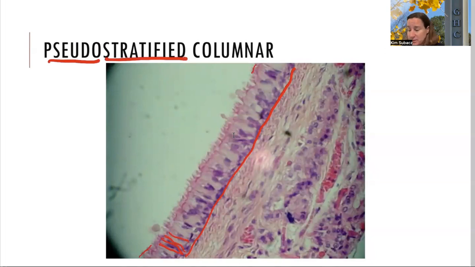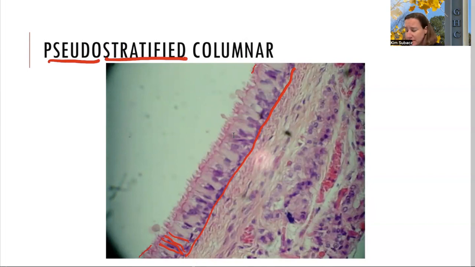It's one of my favorite tissues in lab. It's super cool. I like to talk about it because where do we find this guy? We find this guy in the respiratory tract. We said the respiratory tract is filled with mucous membranes, just like the GI tract is, so we may have goblet cells in here. I can't make one out in particular right this second, but I know they're in there. The goblet cells produce mucus, and the mucus is going to catch all the particles we are inhaling in the air that make their way down into our trachea.